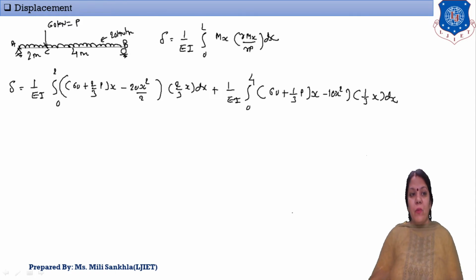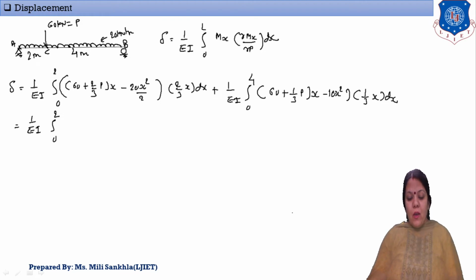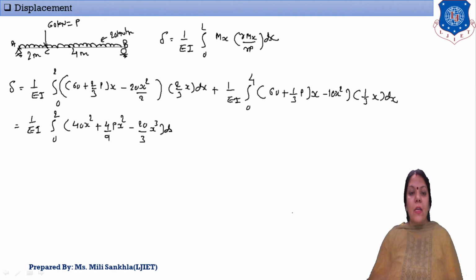Now one by one we simplify it. First of all, 1 by EI, then limit 0 to 2, and here first we multiply these terms. After multiplication, 40x square, then 4 by 9 Px square minus 20 by 3 x cube, and dx.